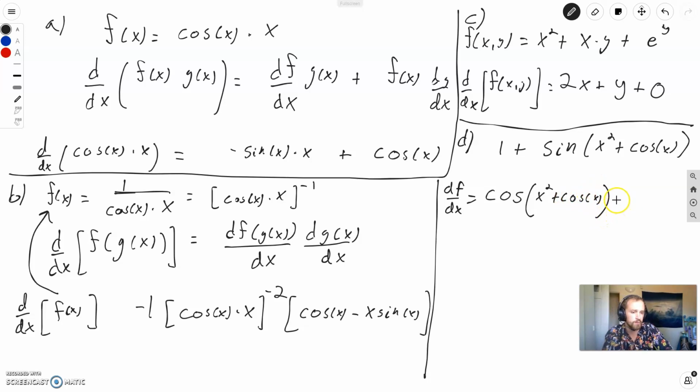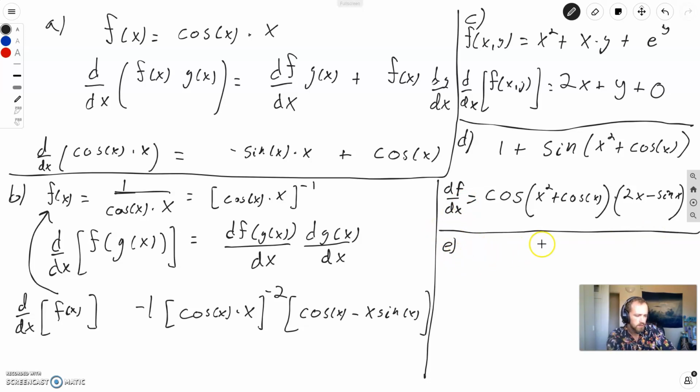Now I multiply it by the derivative of the inside, which is 2x minus the sine of x, because the derivative of cosine of x is minus sine of x.